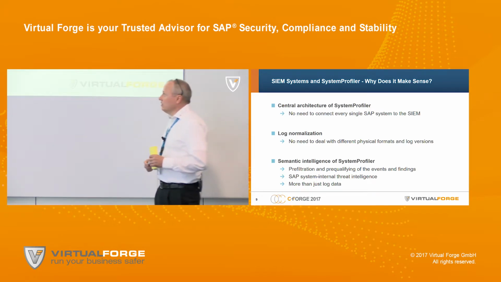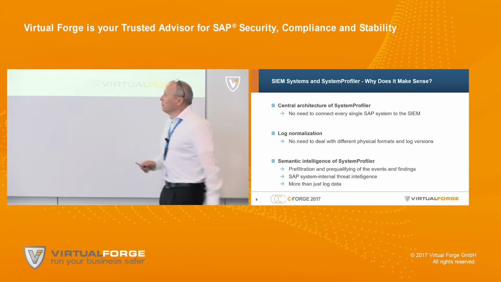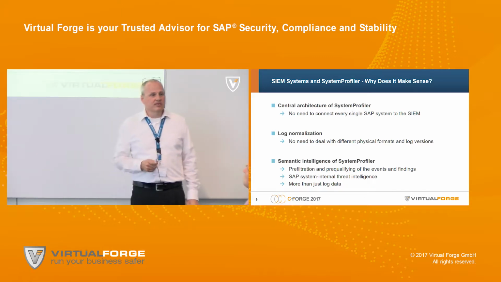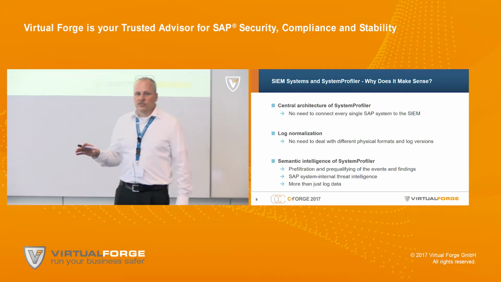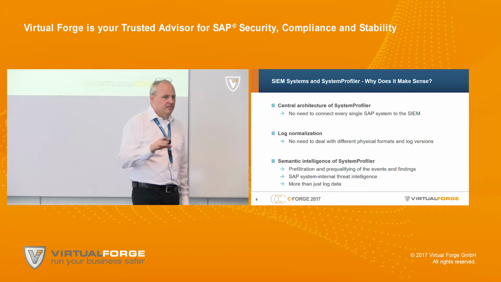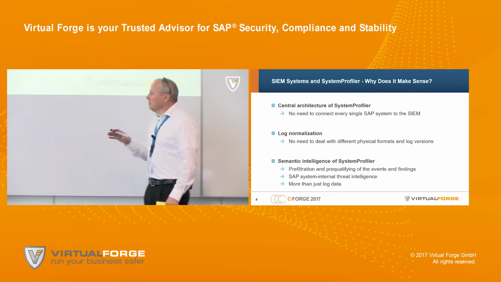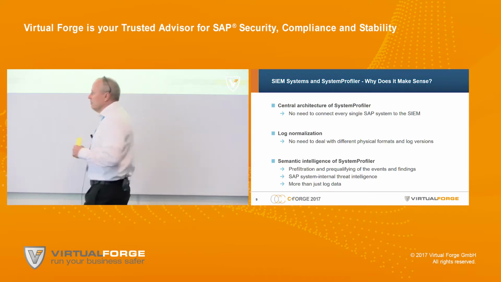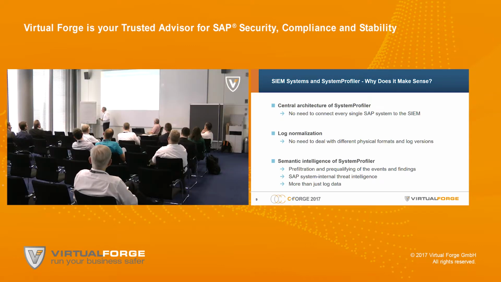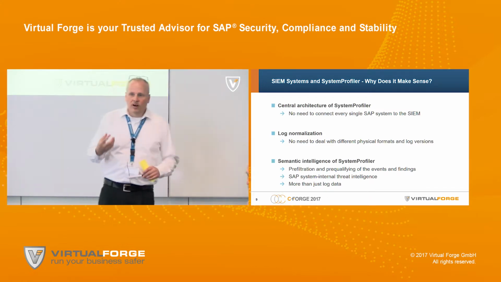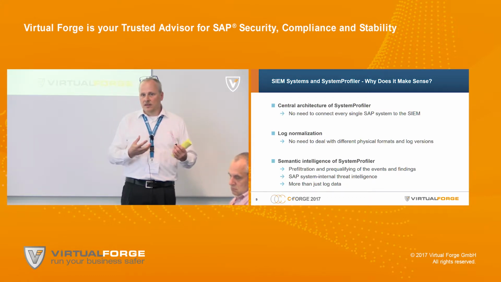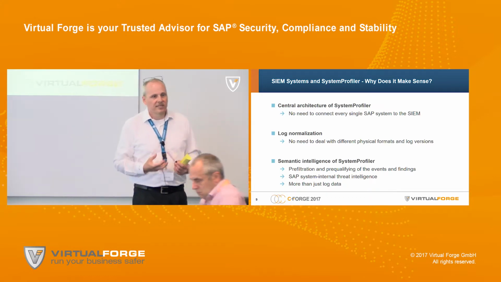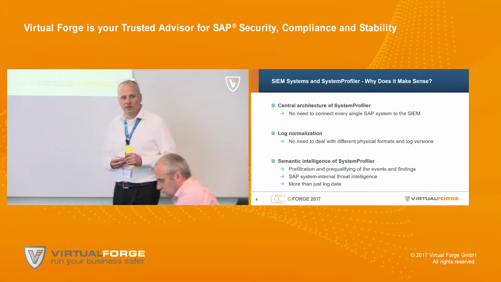And third, but not the least, we have so-called semantic intelligence within SystemProfiler. So we do not hand over complete logs to the SIEM system, but we provide pre-qualified events. We already find the critical events within the SAP system, and the people who are working with SystemProfiler know the internal behavior of the SAP system, and they can define the test cases for SystemProfiler properly.